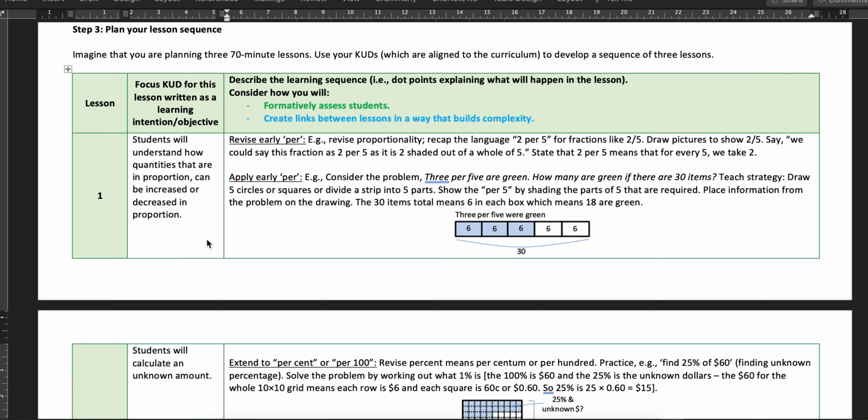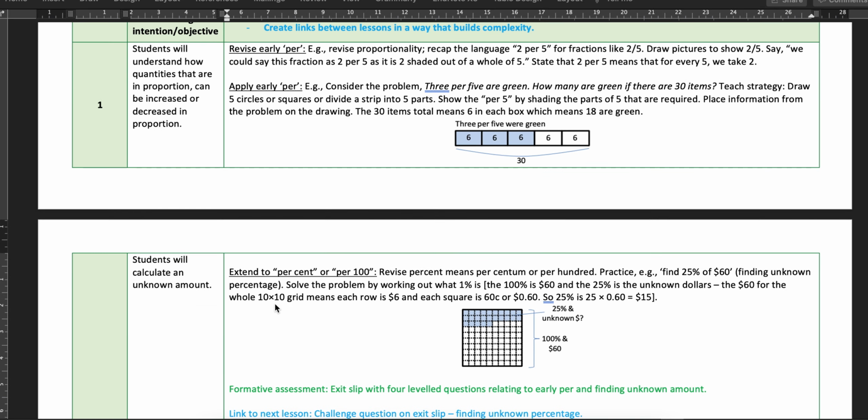We're going over a strategy that we can use to calculate the proportions. Now, after I've recapped that, I'm going to then extend into percent. So you can already see in these first 2 parts of the lessons how the complexity is developed just that little bit. So I will teach students about percent, revising that percent means out of 100.